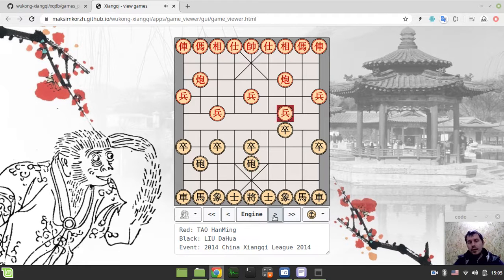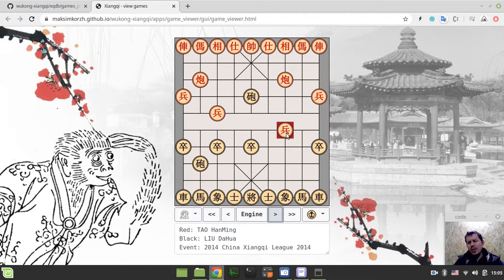So Tao HangMing doesn't capture immediately. He pushes the pawn. As I can see here, he actually wants black to capture the pawn, but this doesn't happen within the game. Instead, Liu Dahua captures the central pawn with his cannon, and actually sacrifices the pawn.